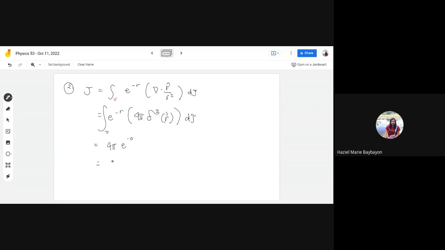So this is just equal to 4 pi. Kindly check if e to the negative 0 has a value.